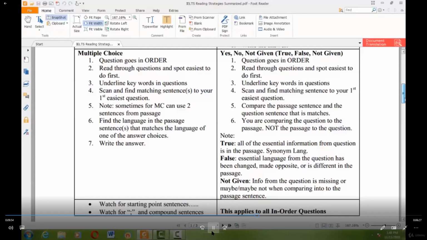Question 9 might be in paragraph 2, and then question 10 might be in paragraph 4. Let me say it a different kind of way. If question 9 is in paragraph 2 and question 10 is in paragraph 4, that means question 11 is not going to be in between those two. Question number 11 has to come after question number 10. So I hope I made that clear.